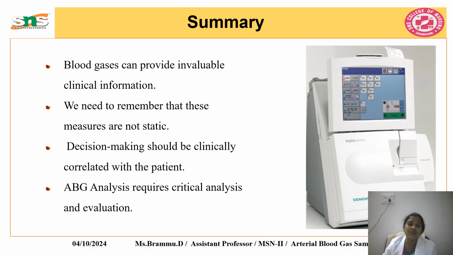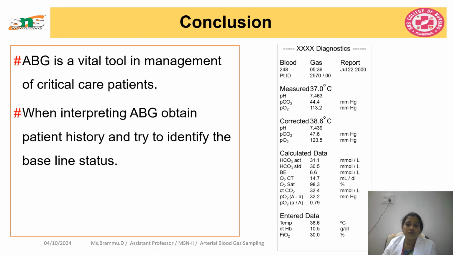So decision making should always be clinically correlated with the patient rather than just depending on the values obtained from the ABG analyzer. ABG analysis requires critical analysis as well as evaluation whenever we get the results from the lab. To conclude, ABG blood gas sampling is a vital tool in management of critical care patients.